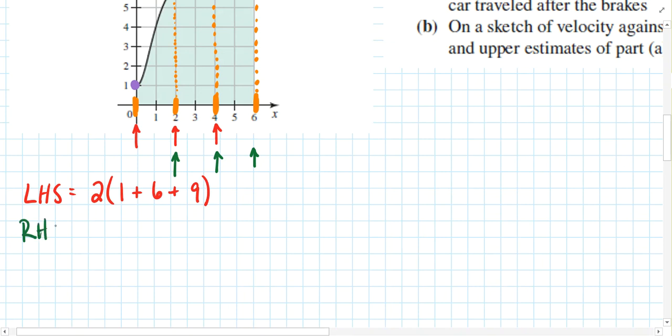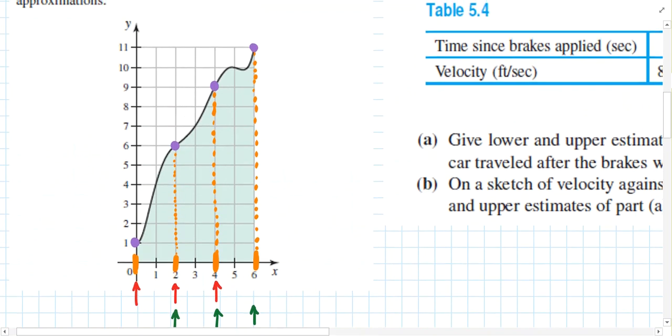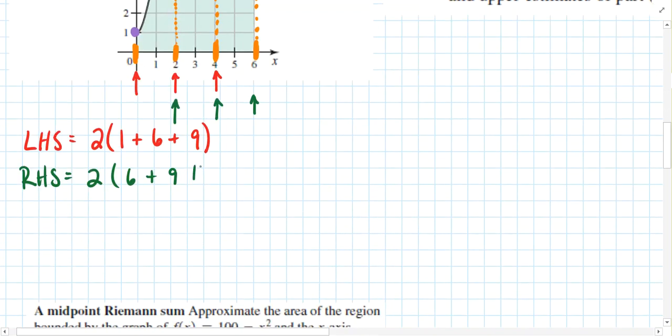For our right-hand sum, delta x, 6 plus 9, that's our second and third result. Now for our final result, which appears to be 11, and we can evaluate these either by hand or with a calculator if needed. And the left-hand sum comes out to be 32. The right-hand sum comes out to be 52.